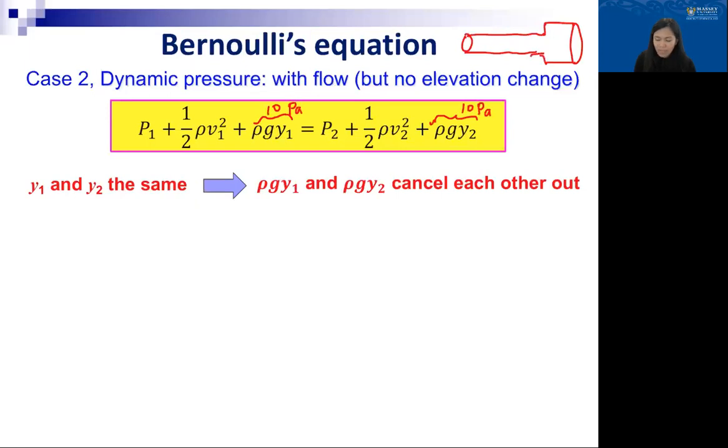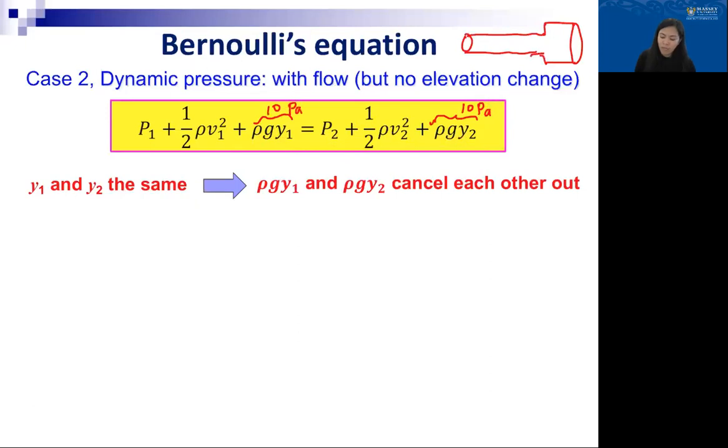This should also be 10 pascals, right? Because it's the same fluid flowing, so the density is the same, gravitational acceleration is the same, the elevation is the same. So if rho g Y1 is 10 pascals, then rho g Y2 should also be 10 pascals.